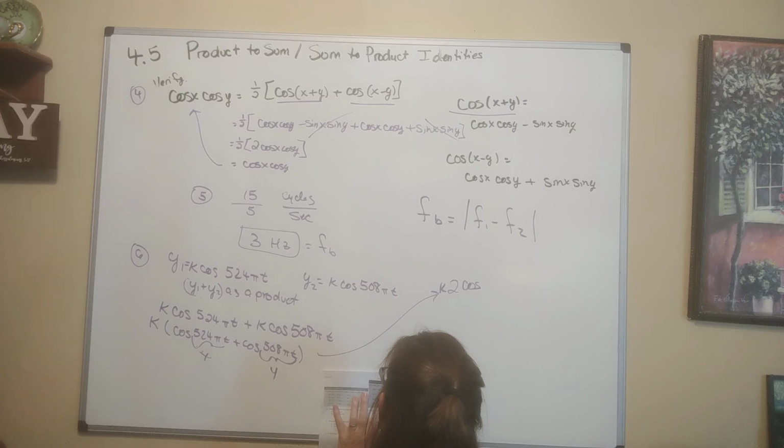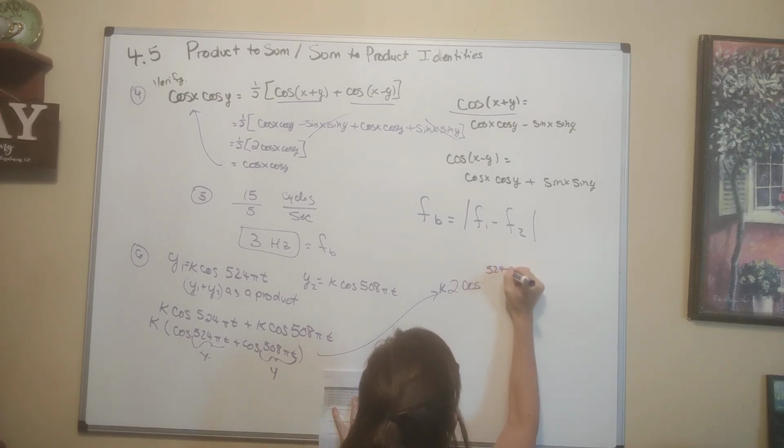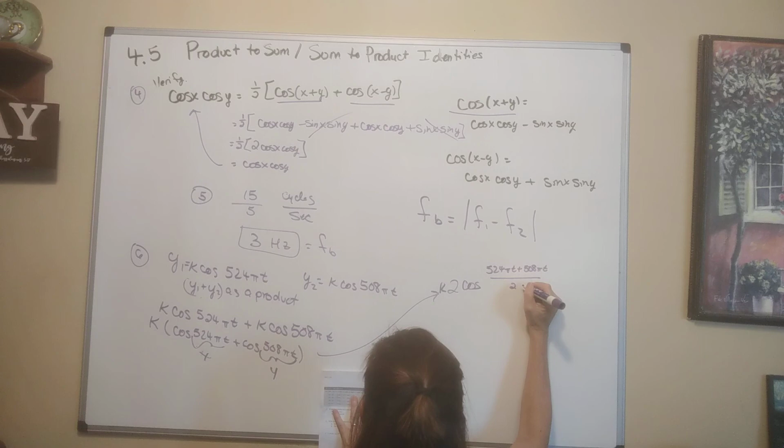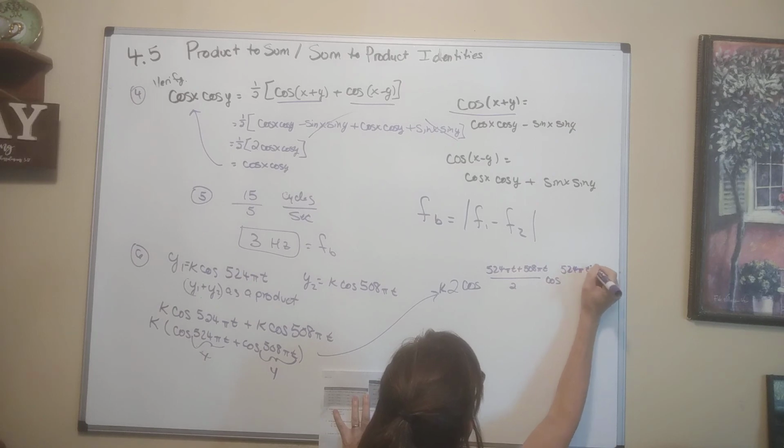So x plus y is 524 pi t plus 508 pi t, divided by 2, times the cosine of x minus y, 524 pi t minus 508 pi t, all over 2.